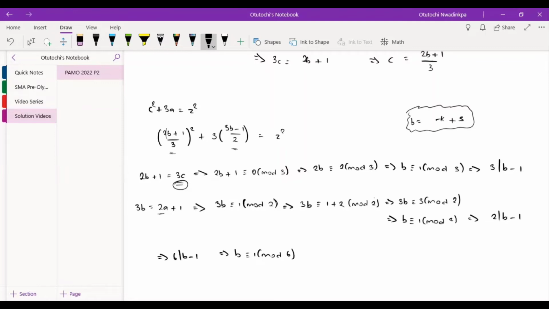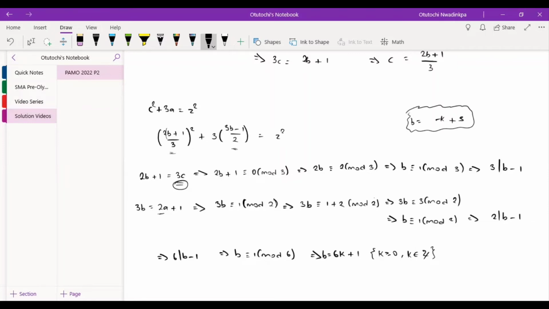So now we can express b as 6k plus 1 for some integer k greater than or equal to 0.